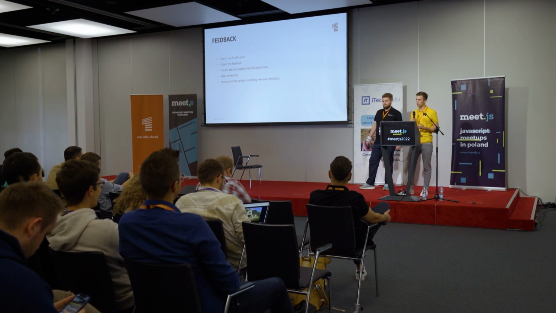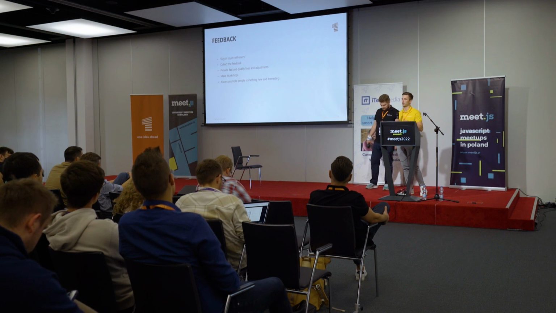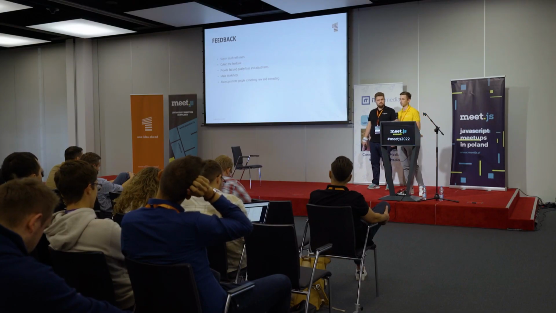Then make workshops for your users, explain that it's easy to use, show it to them, and collect their feedback. And always promote something new and interesting. Don't stay on one component and be satisfied. That's the step that makes your library more popular, and then more users will use it.